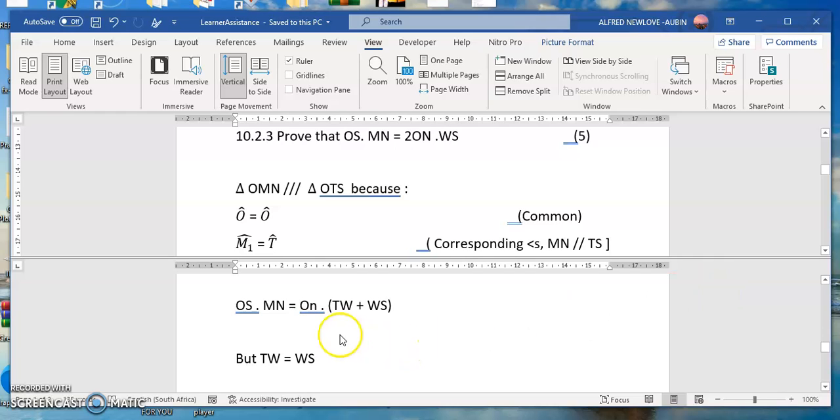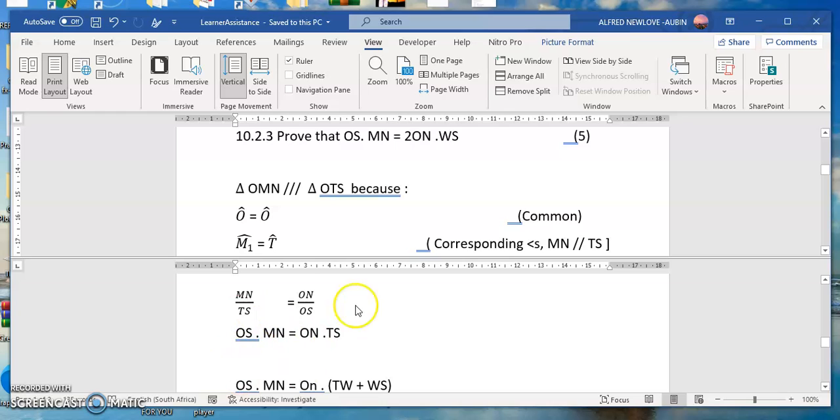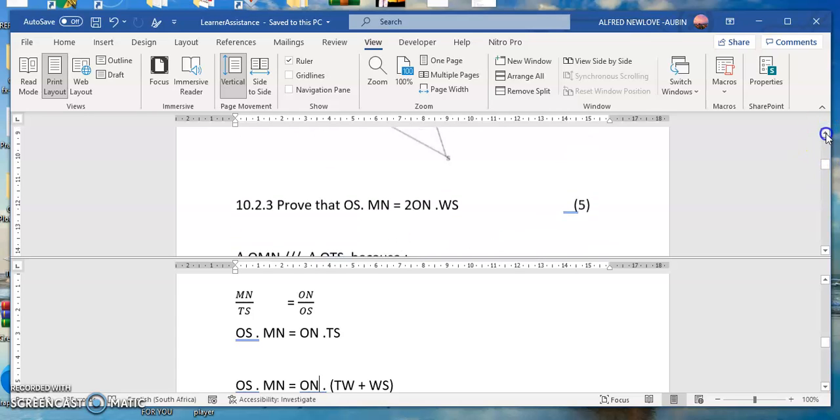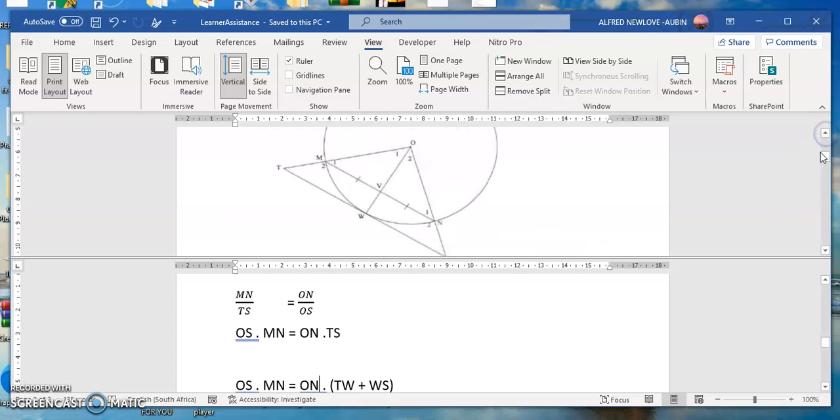Since we've done the cross multiplication, we have TS here, which is a problem. At least we've gotten OS, we've gotten ON. But our problem is TS. Let's see how we are going to deal with TS. Where is TS?